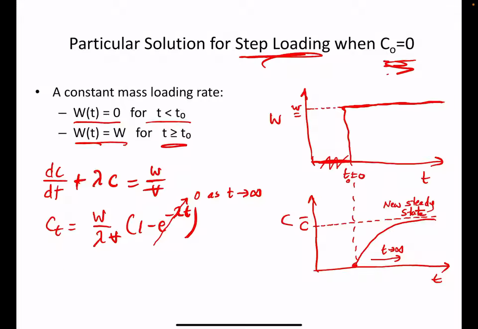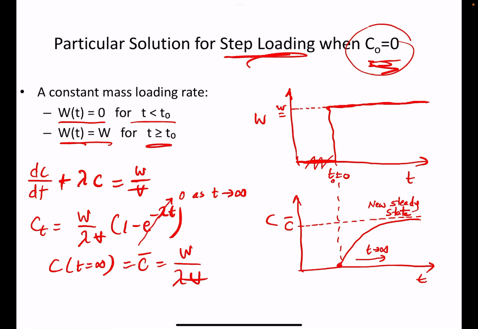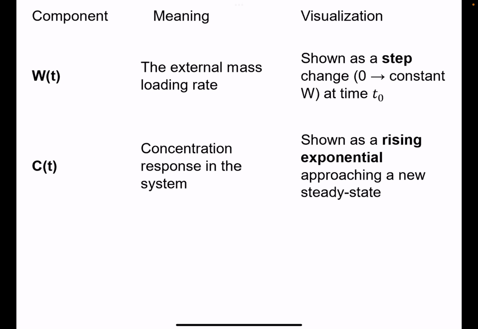So concentration at t equal to infinity would give you C prime, which is going to be equal to W over lambda V. This concentration C prime is the longer term steady state solution. This is if C naught is equal to 0. What will happen if there is something initially in the lake, or in the CSTR, or inside Kuwait Bay? Let's look.